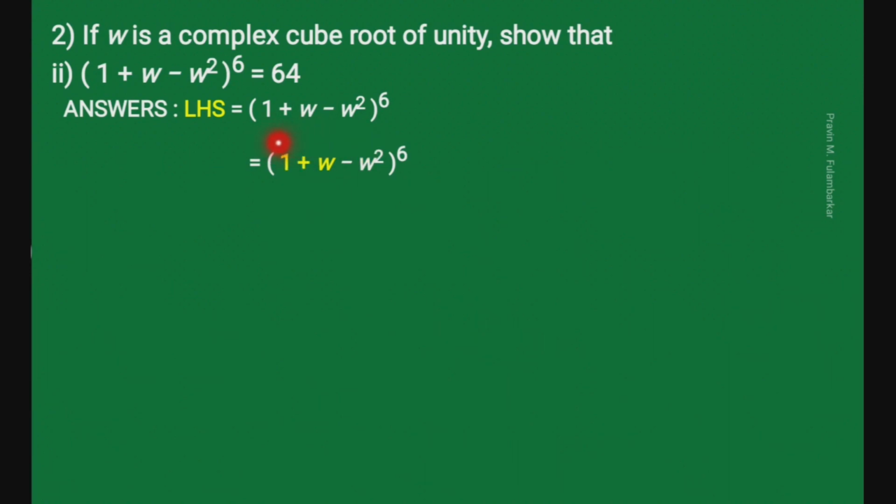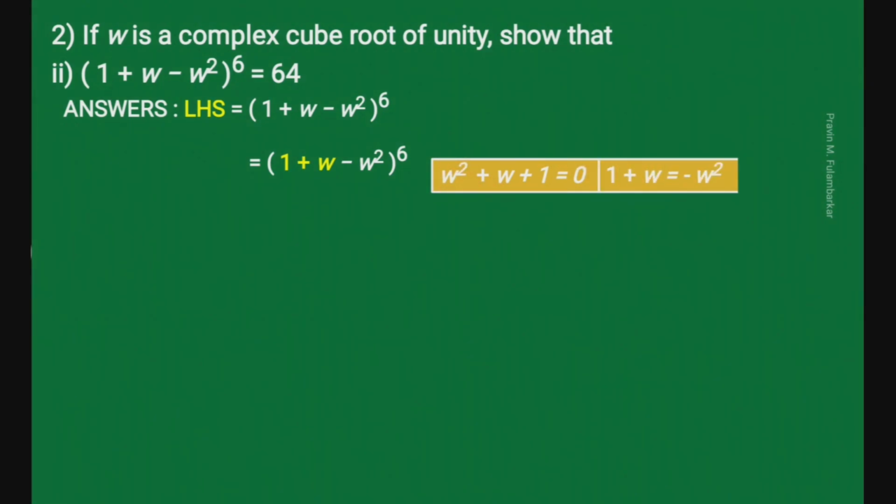So we write 1 plus omega as minus omega square, because we have the property 1 plus omega plus omega square equals to 0, or omega square plus omega plus 1 equals to 0. So we write this 1 plus omega as, after transferring this omega square to the right hand side, minus omega square.